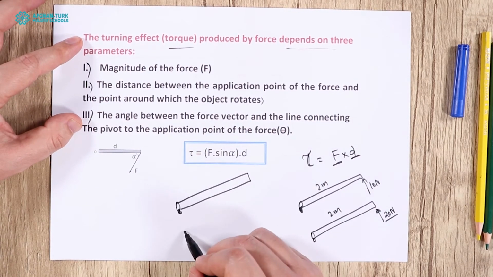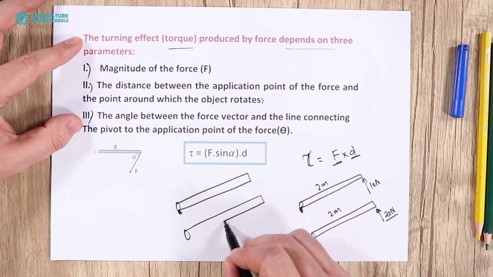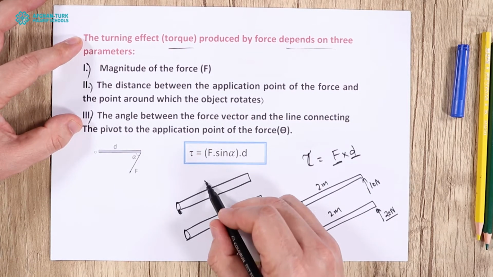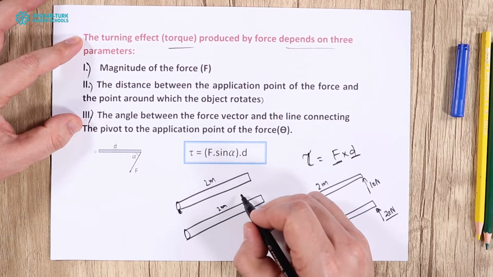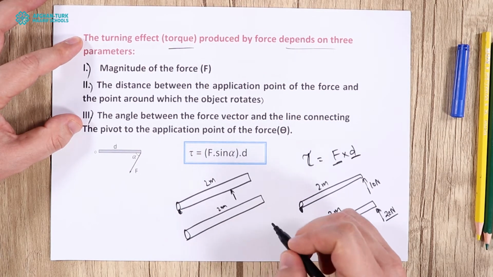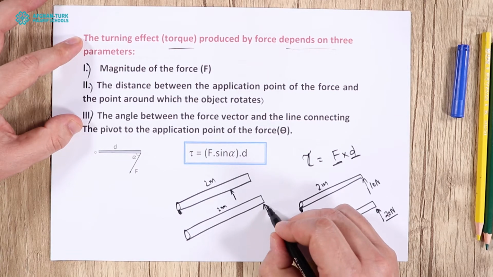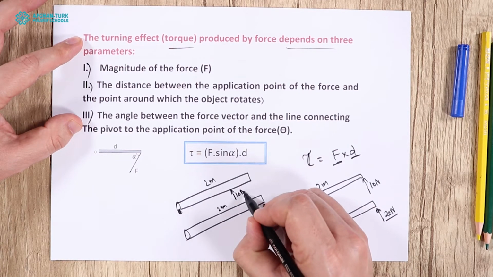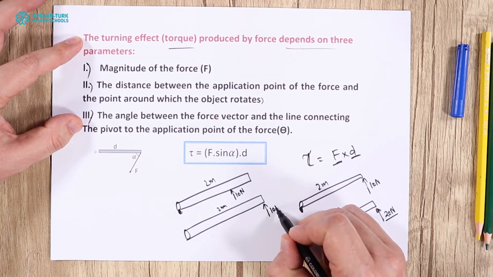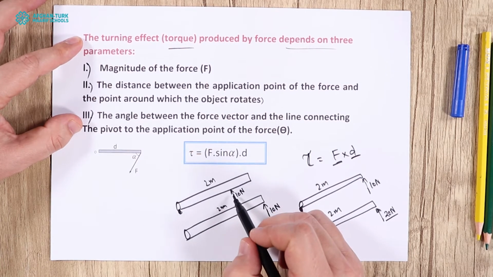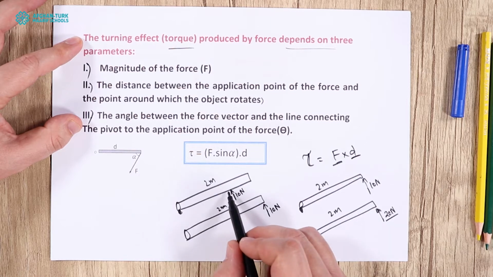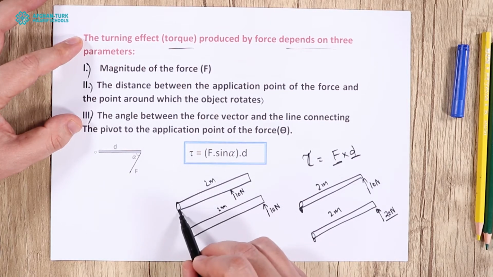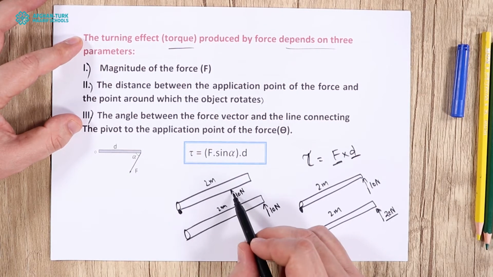Let's suppose there are two levers, this one is 2 meter and this one is also 2 meter. In the first one we apply the force here, and on the second one we apply the force here. This one is 10 Newton and this one is also 10 Newton. But see the distance between the force and the application point: this is the application or rotation point, this is the force.